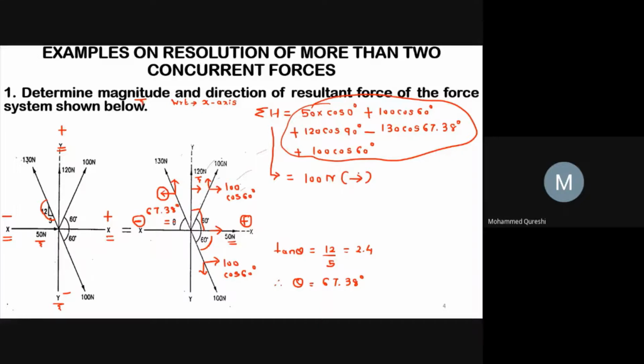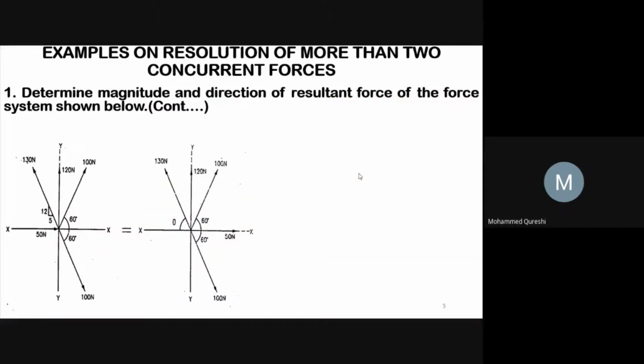Now we will go for the vertical component. Sigma v equals to, first case, here 50 into, we have already considered the horizontal component, now we will go for the sine component. 50 sine, and our angle will be 0.